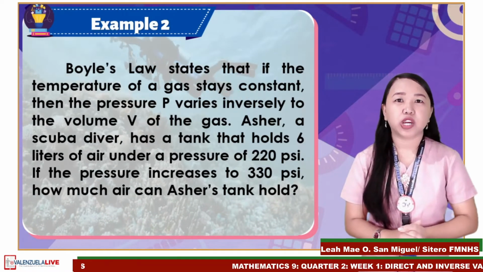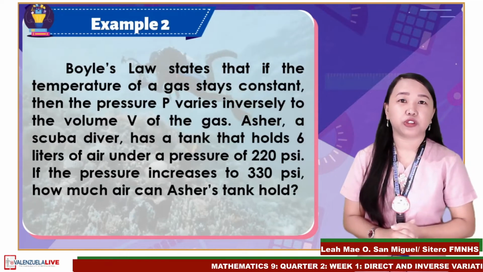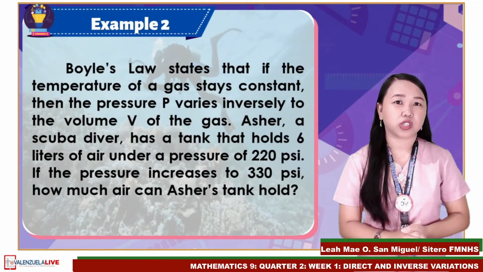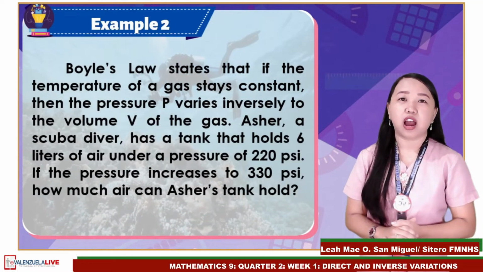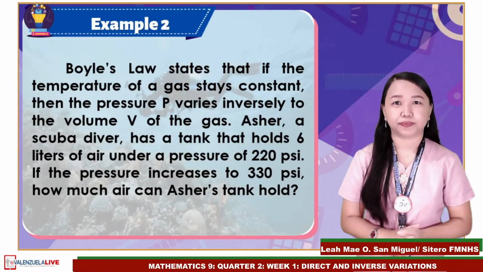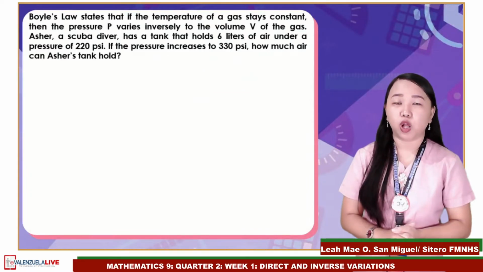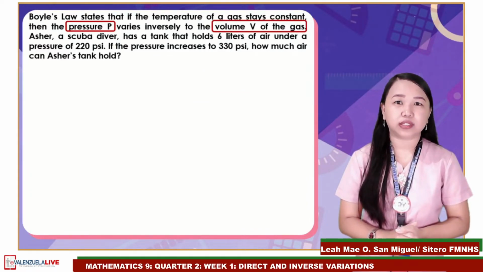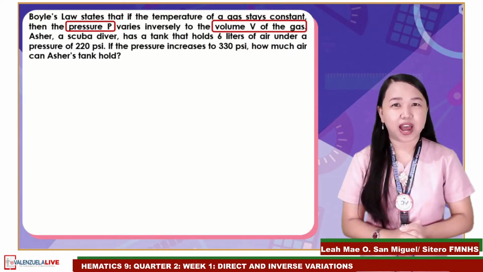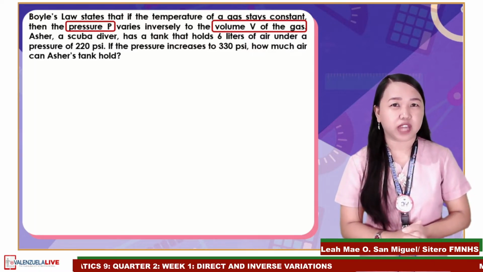If the pressure increases to 330 pounds per square inch, how much air can Asher's tank hold? In this case, we have pressure and volume as the two quantities. What is the equation of the variation statement?